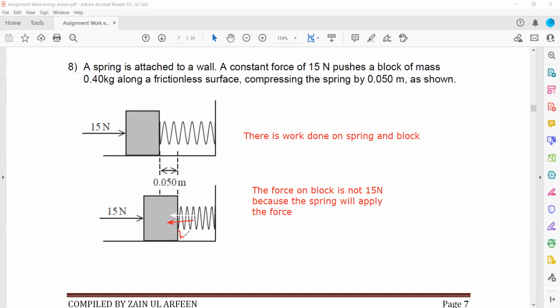Like if the spring is applying a force of 2 Newton, then the resultant force is not 15, it is actually 13. Is it clear, discussion? Any doubt in discussion?